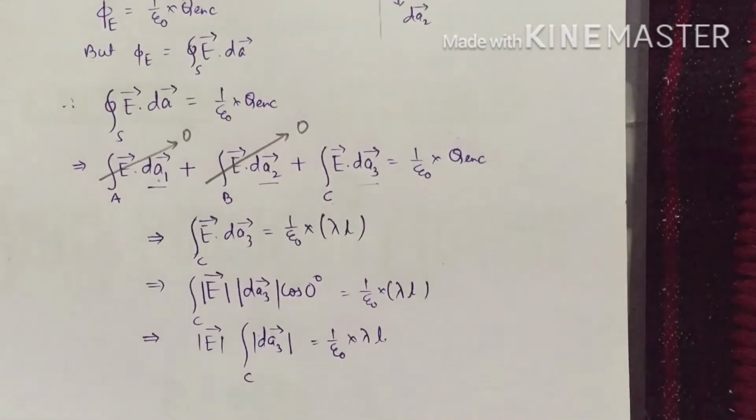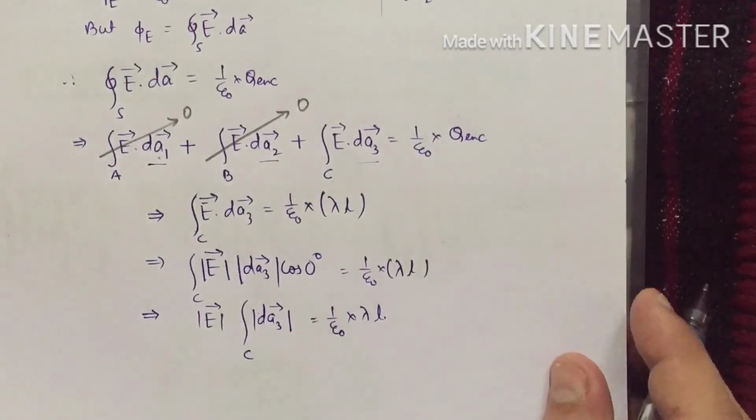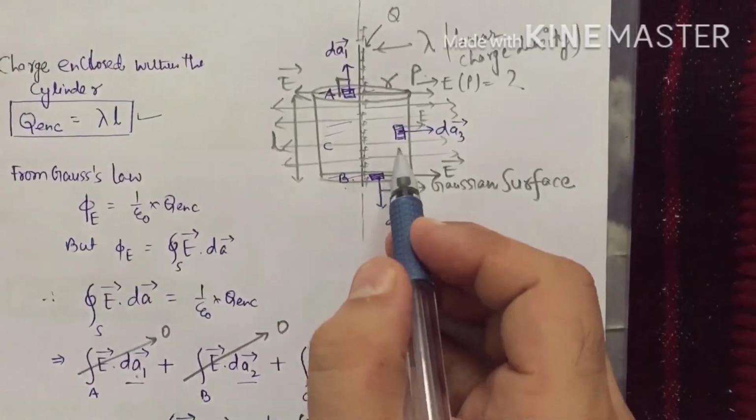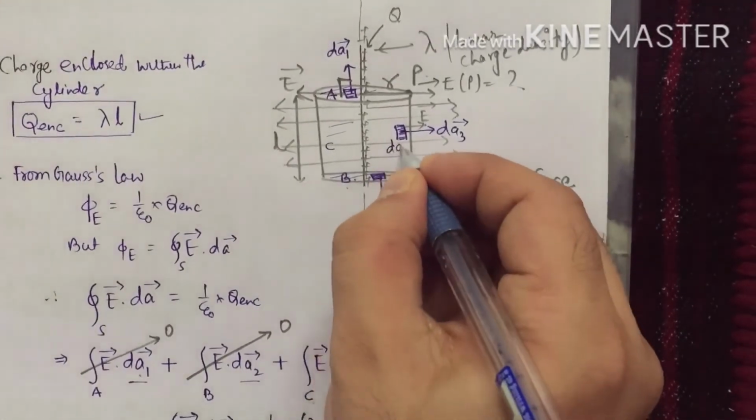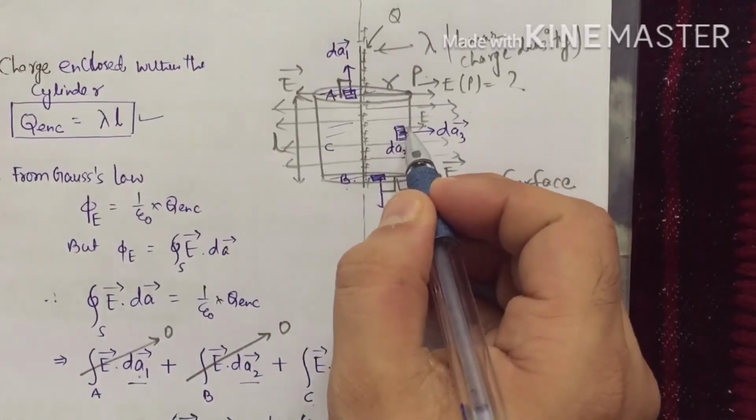Now, when you integrate the area element on the curved surface, this is your area element dA3, whose area vector dA3 is perpendicular to it.